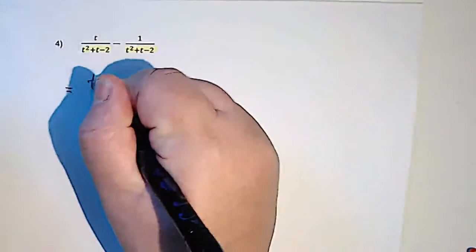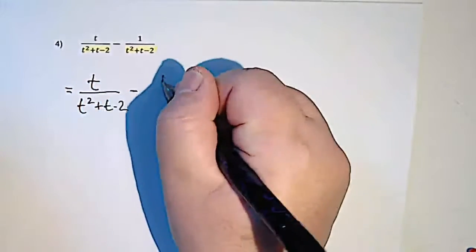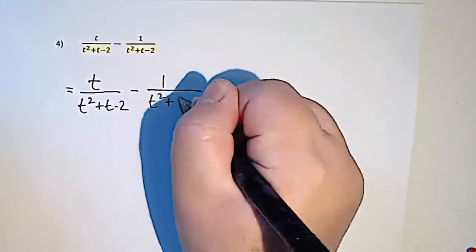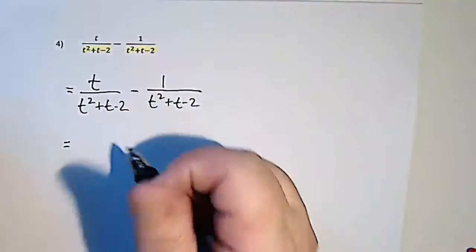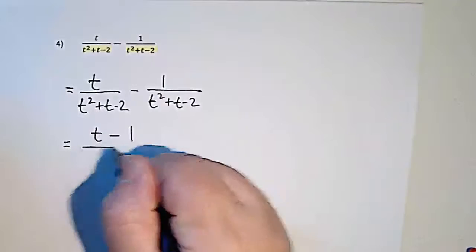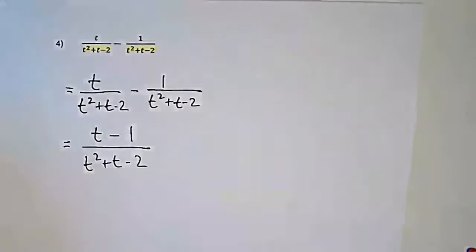So we've got common denominators. T squared plus t minus 2 minus 1 over t squared plus t minus 2. And then I'm subtracting. So across the top, I subtract. Across the bottom, it's exactly the same, right? The same denominator.